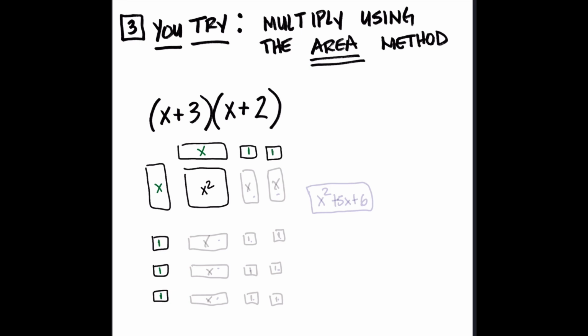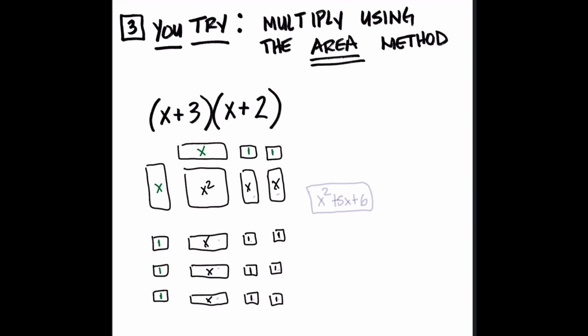Then x times 1 gives an x box, and we get five of these x boxes in total. Then we see that 1 times 1 is 1, and we get six of these 1 boxes in total.